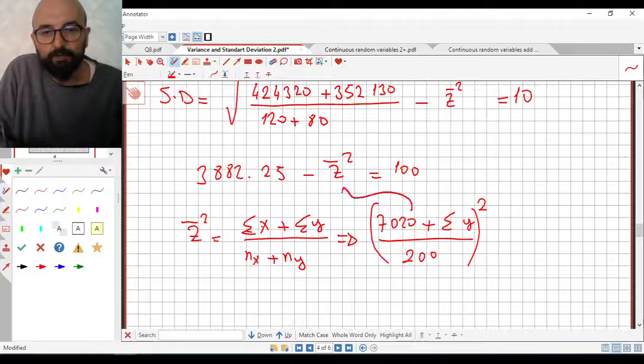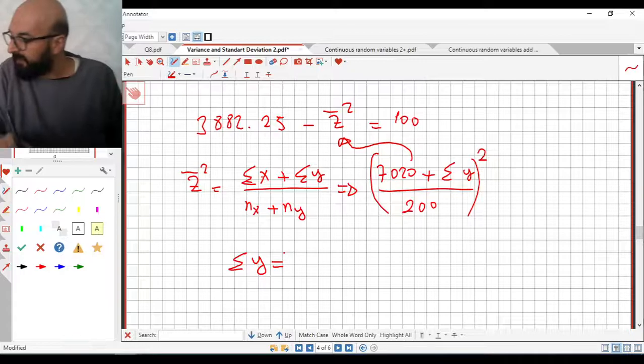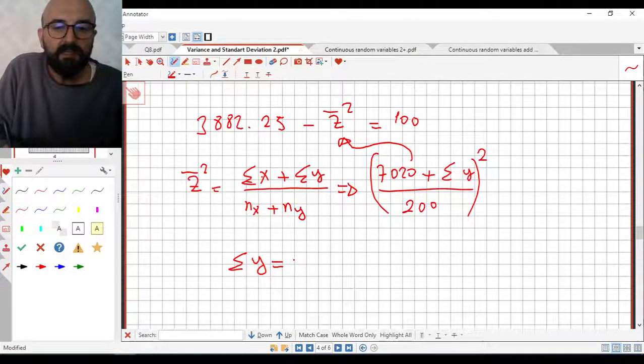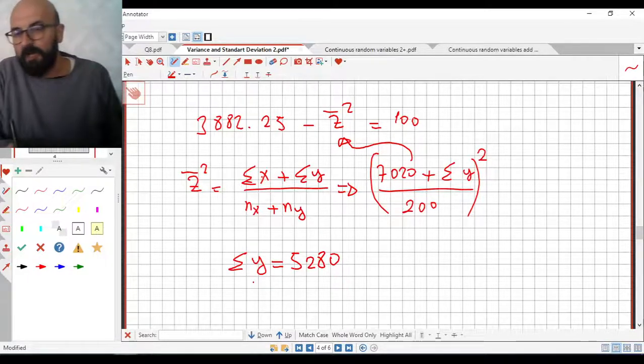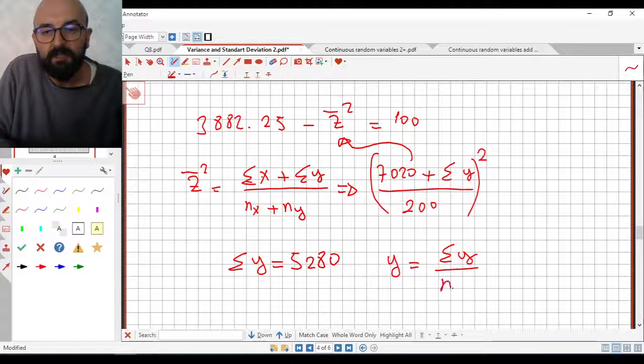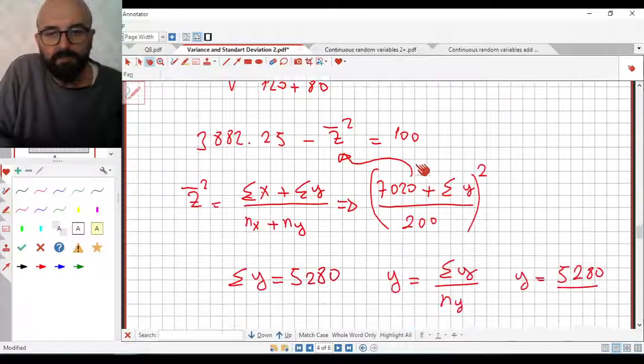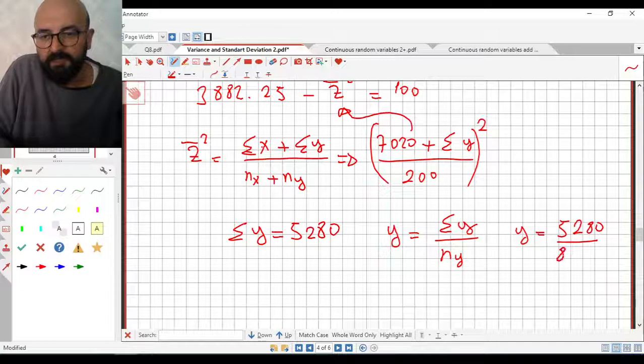And if I put in the z values, I can find that the sum of y is 5,280. The girls' mean mark is the sum of y over the number of girls, so the mean of y is 5,280 over, we have 80 girls, so this 80.